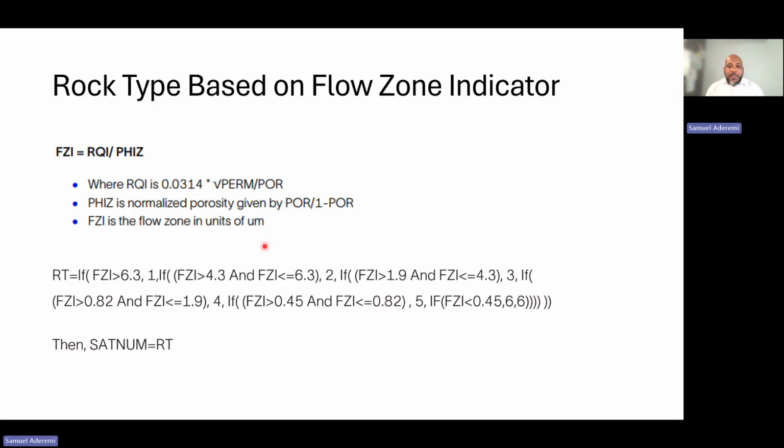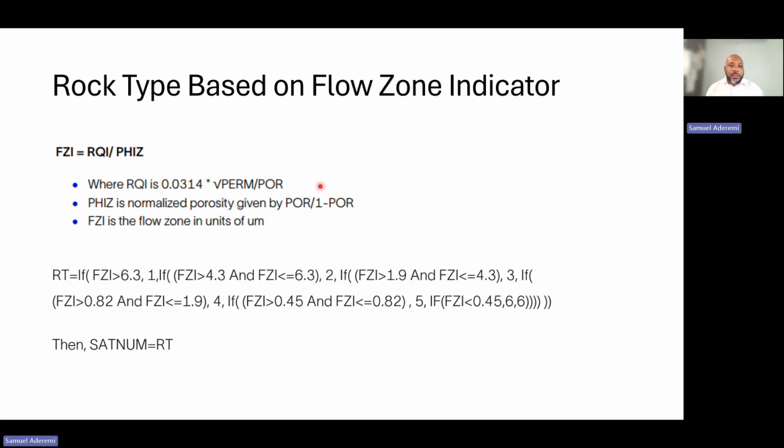The calculation starts with the reservoir quality index, as we can see, which is equal to 0.014 multiplied by the square root of permeability divided by the porosity. Once we establish that, the next thing is, of course, to calculate the normalized porosity.